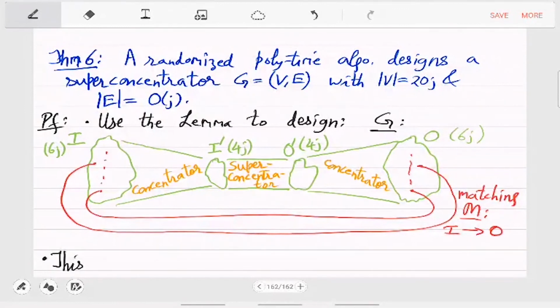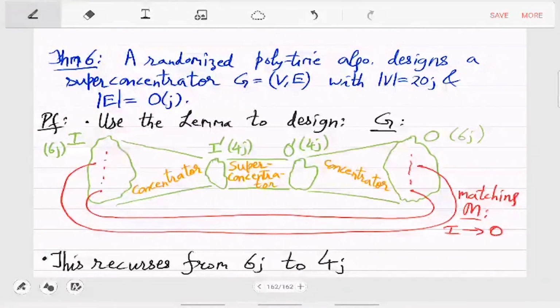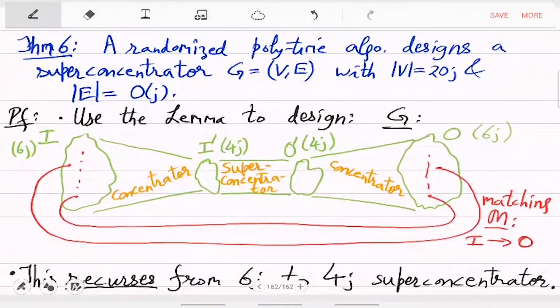So this recurses from 6j to 4j, super concentrator. Okay, so this is the recursive construction, and in every step you need two copies of the concentrator. So why would this work? We'll analyze this next time.